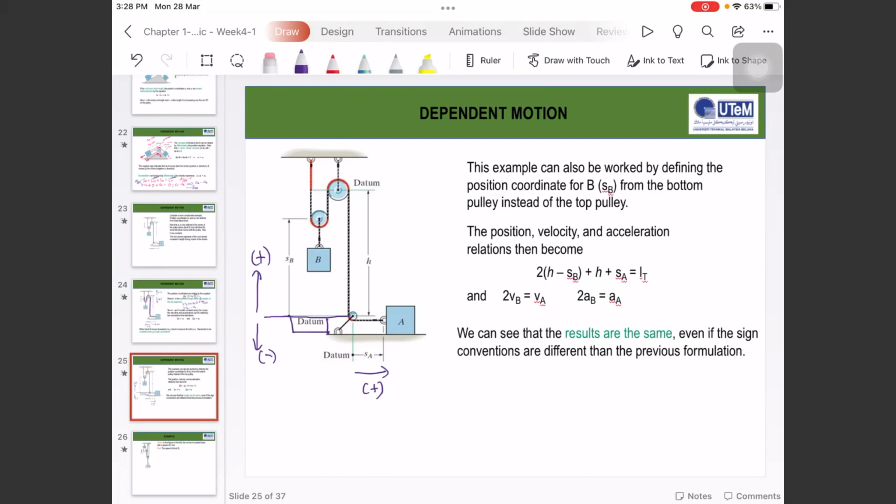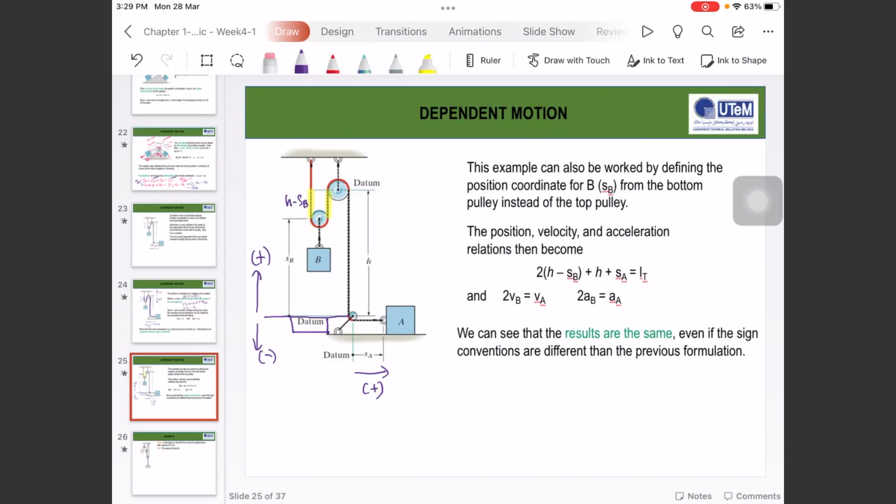So kita ukur panjang tali. Okay, we measure the length of the rope. First, this length. What is that length? So you have H minus SB. Kan? So this length is H minus SB. Okay. H minus SB. And then what is this length? Sama.